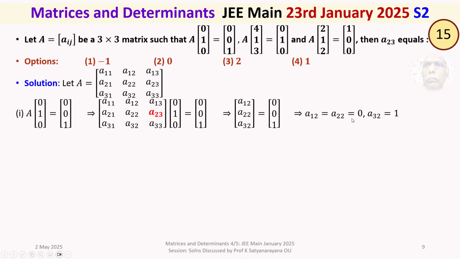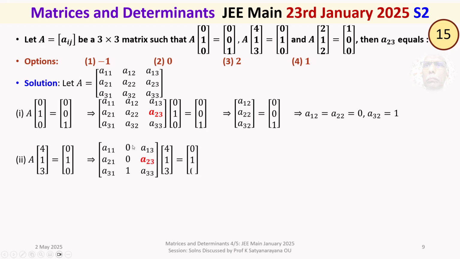Now put A12 as 0, A22 as 0, A32 as 1. Don't keep them as they are, it will be very clumsy. So take A into the column vector 4, 1, 3 equal to 0, 1, 0, with the matrix A written with A12 as 0, A22 as 0, A32 as 1. Multiply, and you will get this equal to 0, 1, 0.